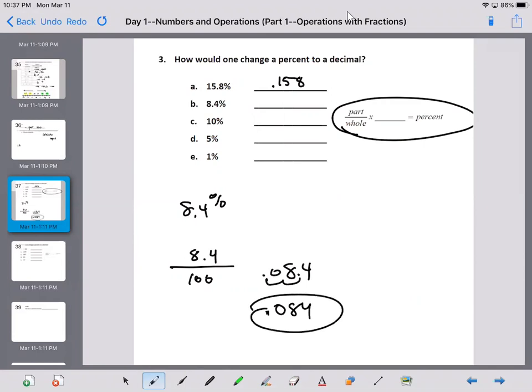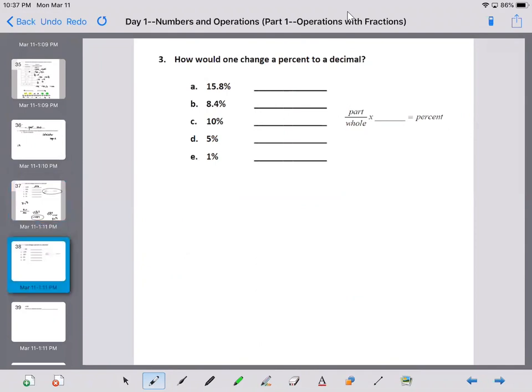And then if you just go the other way, if I want to change it to a percentage, well, I would multiply by 100, which would move the decimal to give me 8 and 4/10%.